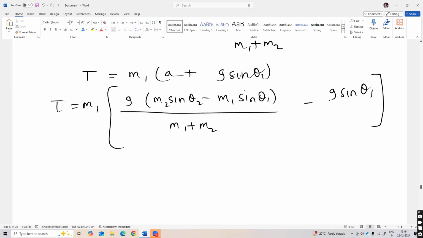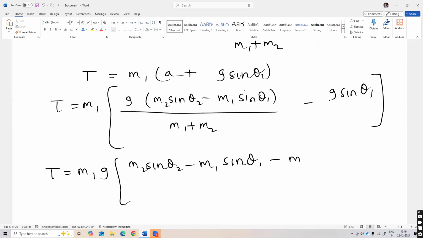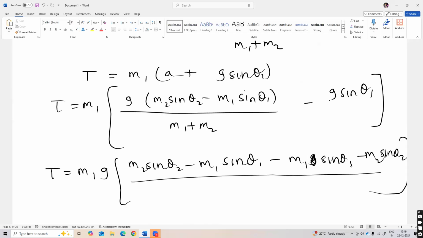Now we will make the denominator the same and take g outside. So we get m1 g times m2 sine theta 2 minus m1 sine theta 1 minus m1 sine theta 1 minus m2 sine theta 2, upon m1 plus m2.